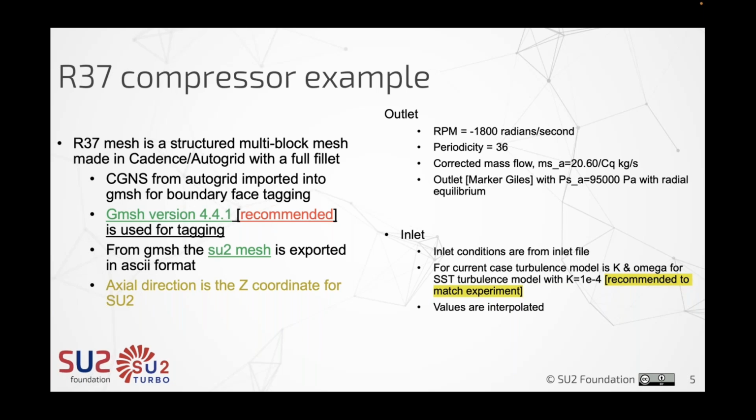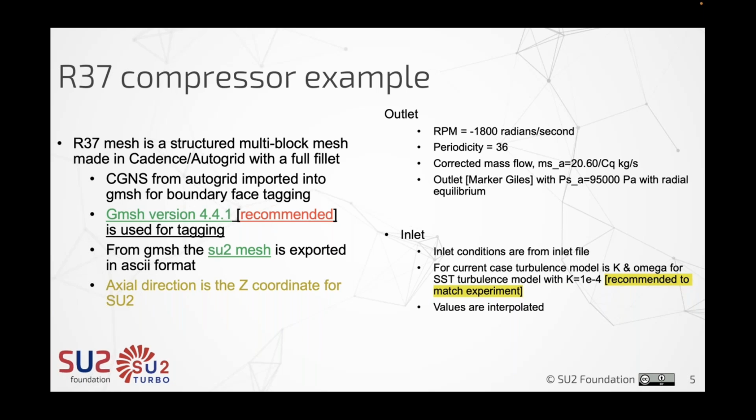For the inlet conditions, the main part of this talk is how to import an inlet profile. That's normally what we do when we do design optimization at Cinero with ELSA.